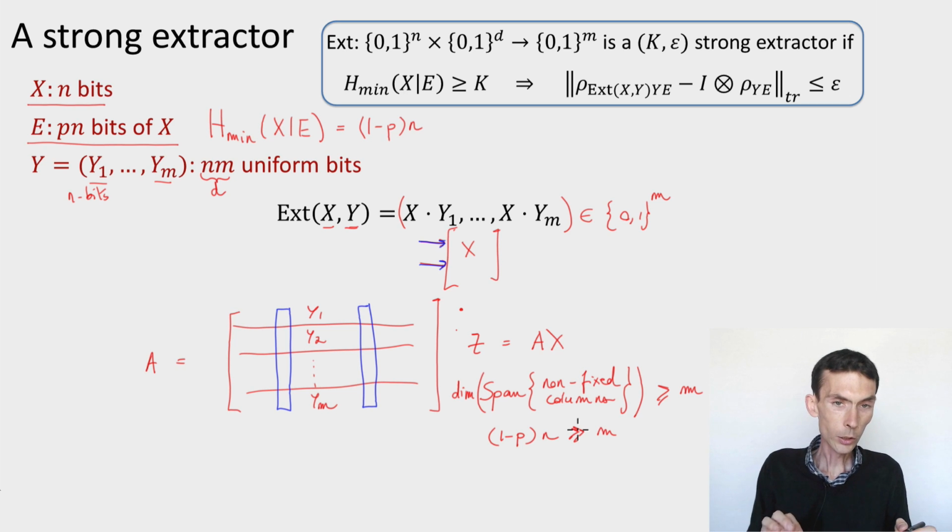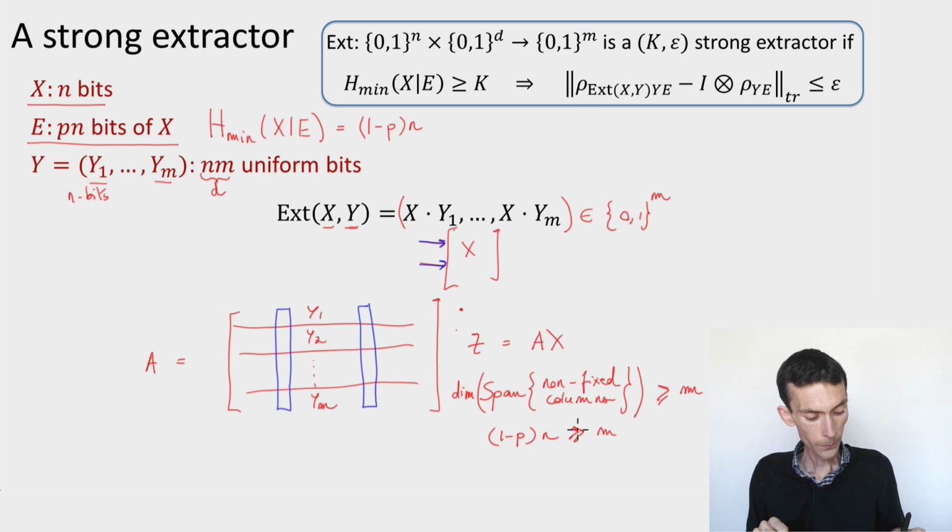But here, the eavesdropper has to fix certain bits of X, it gets to know them, then we choose a random matrix Y, and with high probability, as long as the number of output bits m is less than the number of free bits (1 minus p) times n, we're going to select a matrix whose free columns, which we don't know what they are, but they're there, they're set, the eavesdropper has decided which bits to keep. So the span of these free columns will be the whole space.